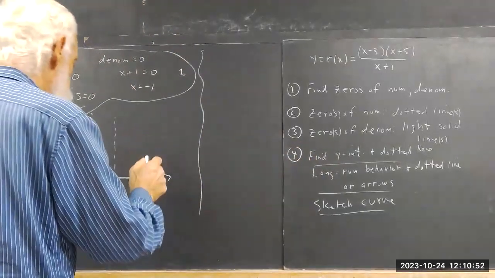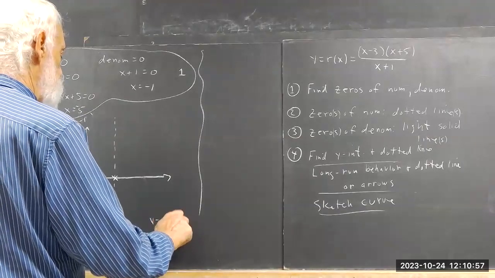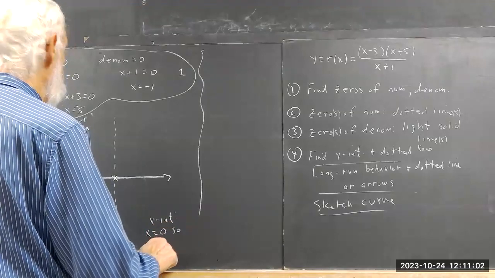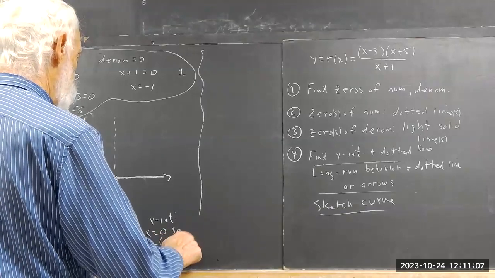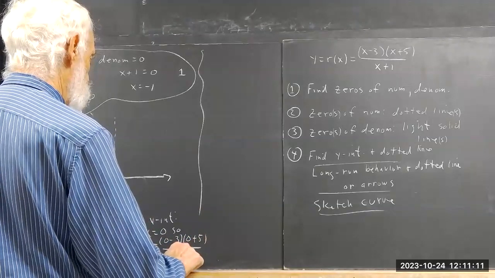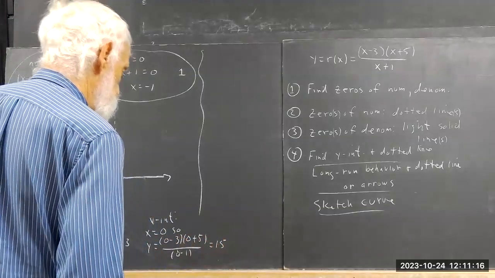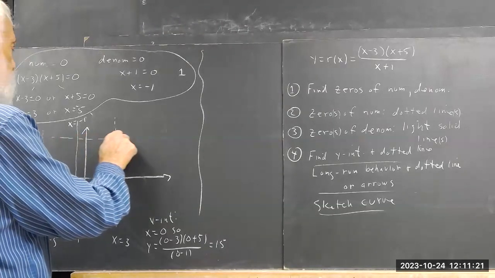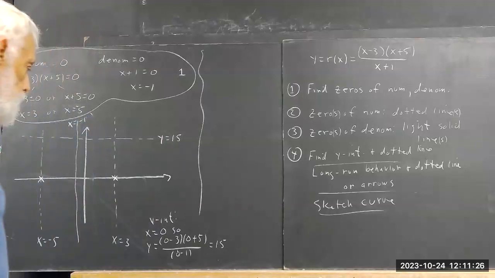Okay, well, the y-intercept: x equals 0, so y equals my function, 0 minus 3 times 0 plus 5 over 0 minus 1, equals 15. So we're going to have a y-intercept at y equals 15.